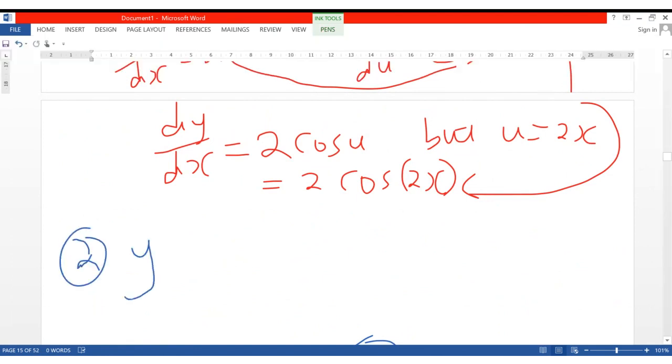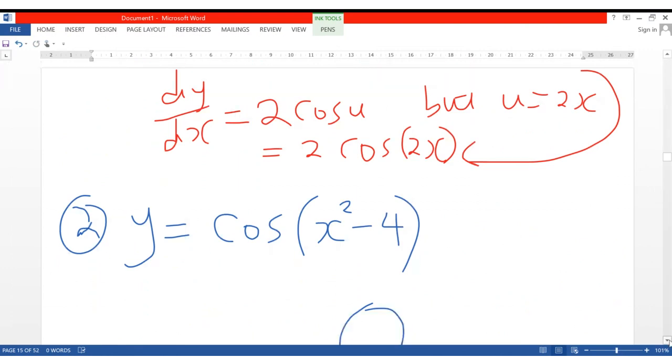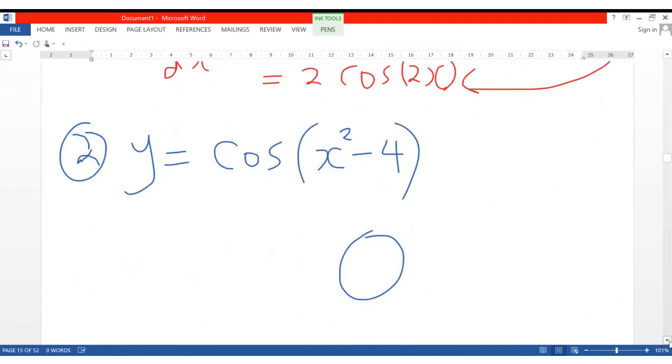y is equals to cos of x squared minus 4. That one there, y is equals to cos of x squared minus 4.